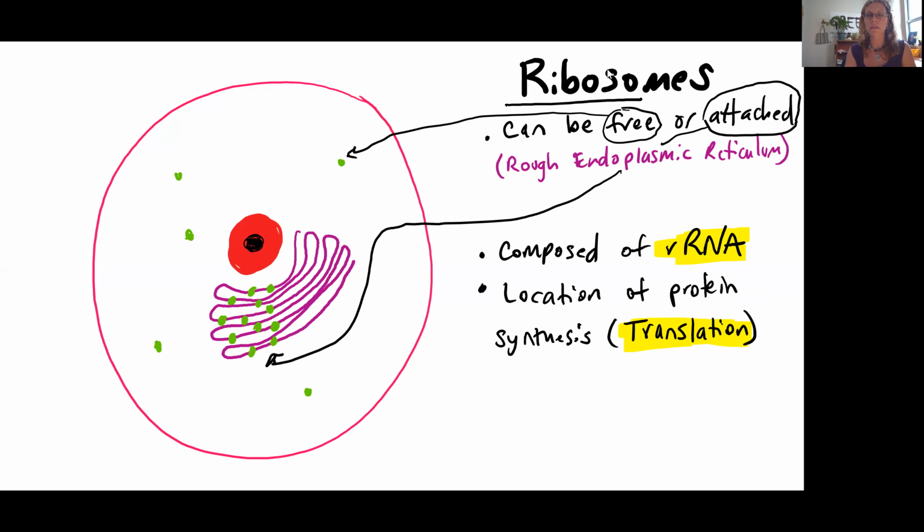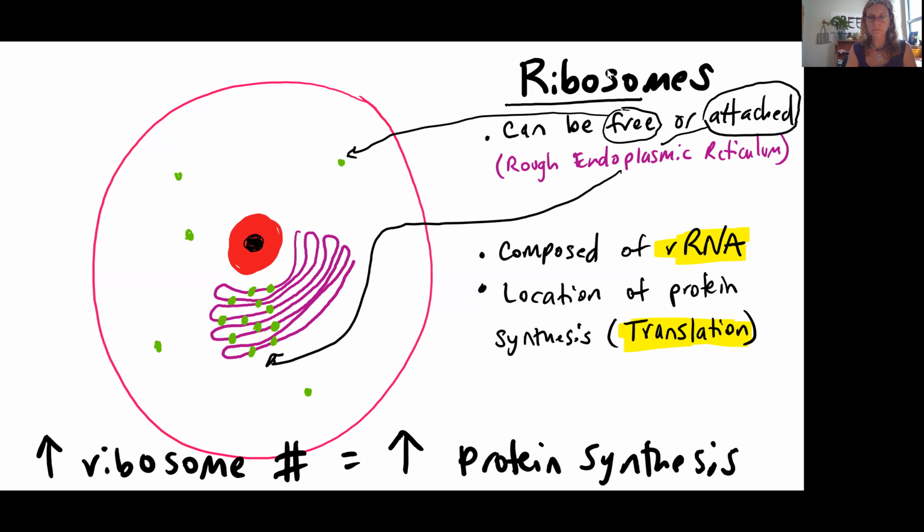The process of making that protein is called translation. And again, we're going to be talking about that in a later chapter. So go ahead and start to memorize that making proteins is called translation, and that process is happening in the ribosome. Remember, ribosomes are universally found in prokaryotic and eukaryotic cells. They just have a slightly different structure.